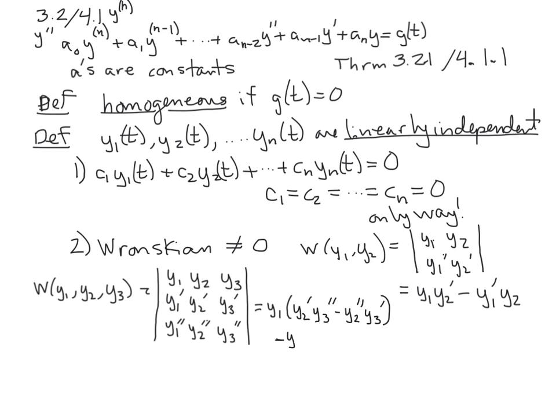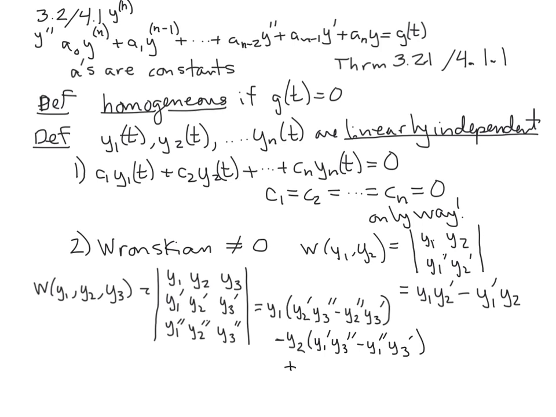In this case we don't have a j, we have a y2, times the determinant of what's left when we ignore the row and column y2 was in, those 4 things on the outer part. So that's y1 prime, y3 double prime, minus y1 double prime, y3 prime.